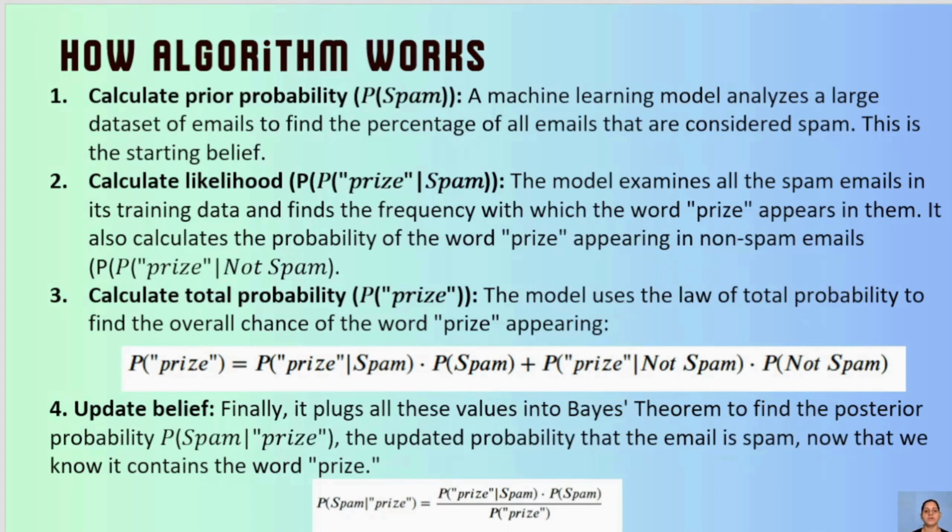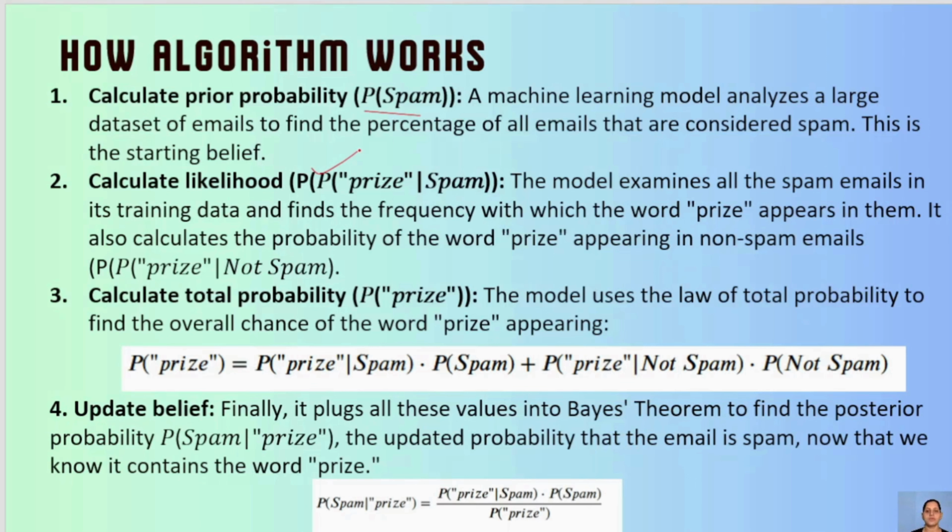So we will name it P of spam. After that, we are going ahead with finding the price term from the spam. This is how you can represent it: P of price given spam.